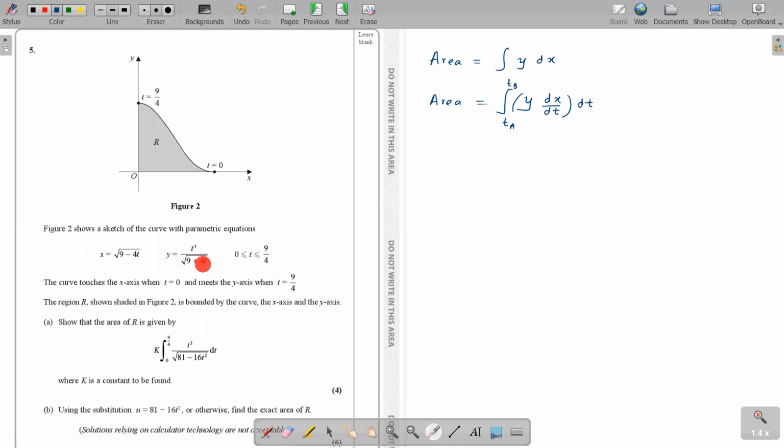I have my y value, but I need to get dx by dt, so let's get it. x is equal to 9 minus 4t, the whole thing under a root, so root means a power of half.